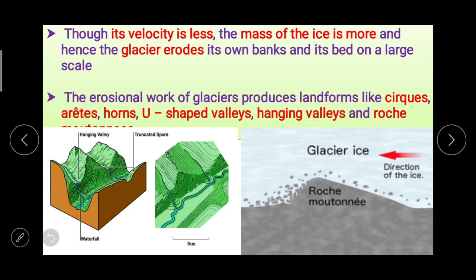Now, because of this erosion work by glaciers, though its velocity is less, the mass of the ice is more, and hence the glacier erodes its own banks and its bed on a large scale.